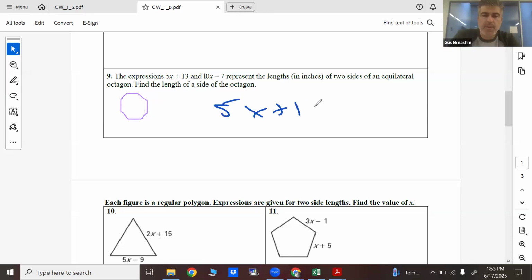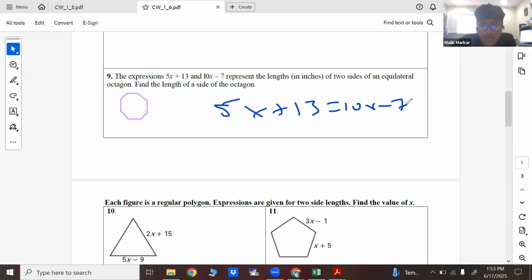Yeah, 5x plus 13. Solve for x. Okay. So, yeah. Hold on. Undo that. Negative 5x, 20. Right.